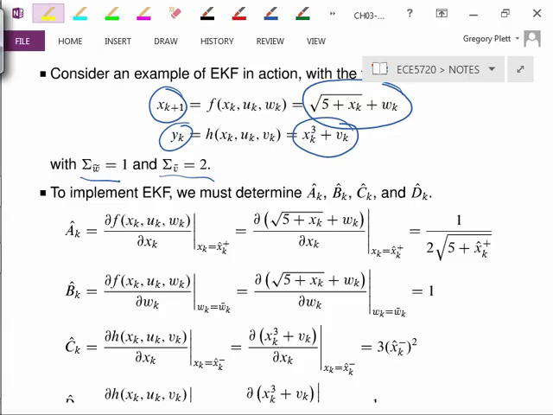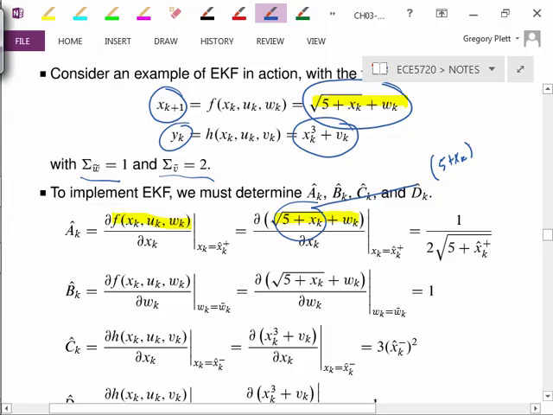What we do is we say, okay, what is f? Well, f is this: root 5 plus x added to w, so it's the partial of root 5 plus x added to w with respect to x. We know that the partial derivative of w with respect to x is 0, and then for the partial derivative of the square root of 5 plus x with respect to x, I like to think of it this way, as 5 plus x_k to the 1/2.